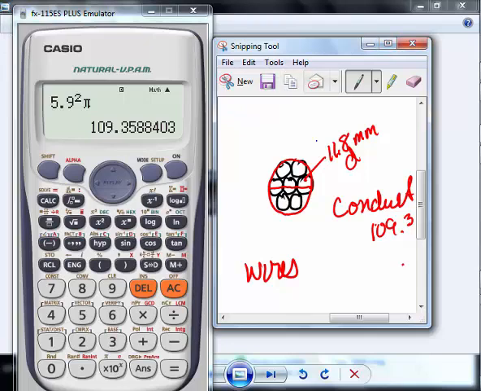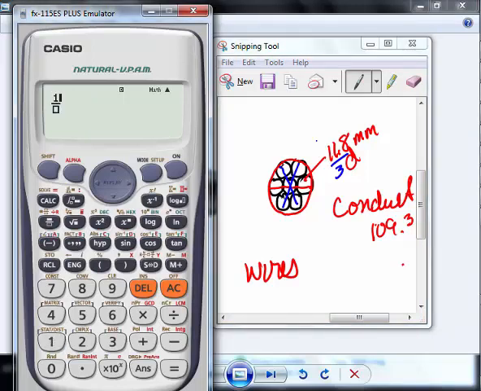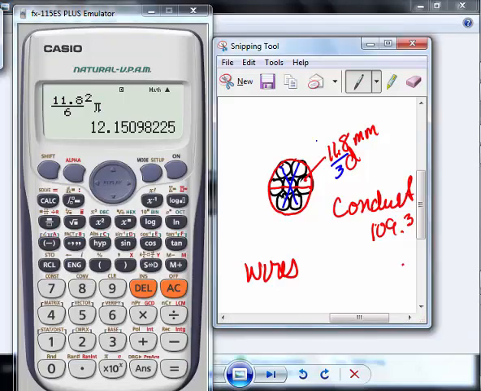millimeters. The wires inside, notice there's 3 across no matter which way you look at it. So the diameter of each of those wires is 11.8 over 3. Or if you wanted to do the radius, it's 11.8 over 6, because that's half of the diameter, squared times pi, and we get each wire has a cross-sectional area of 12.1.